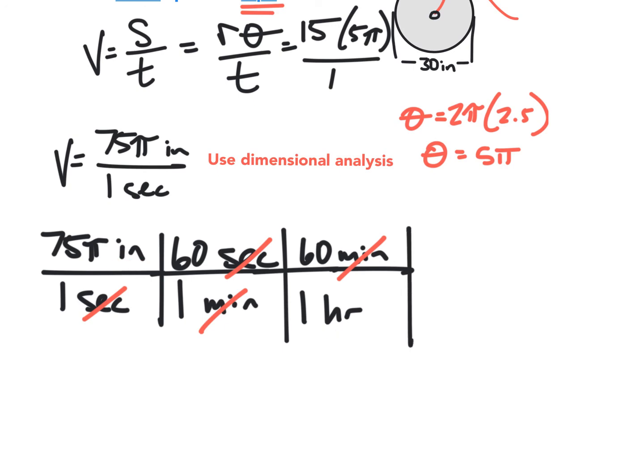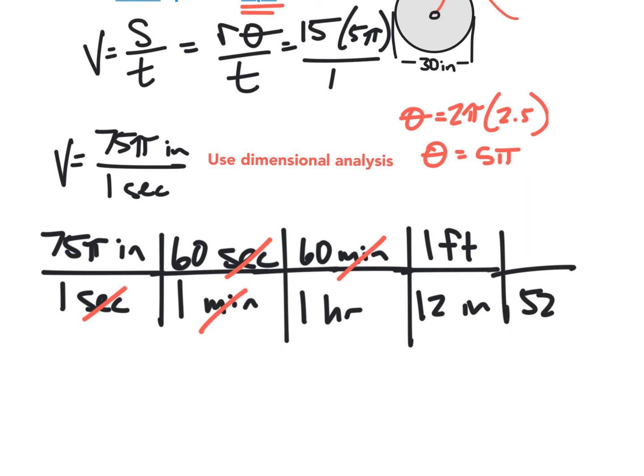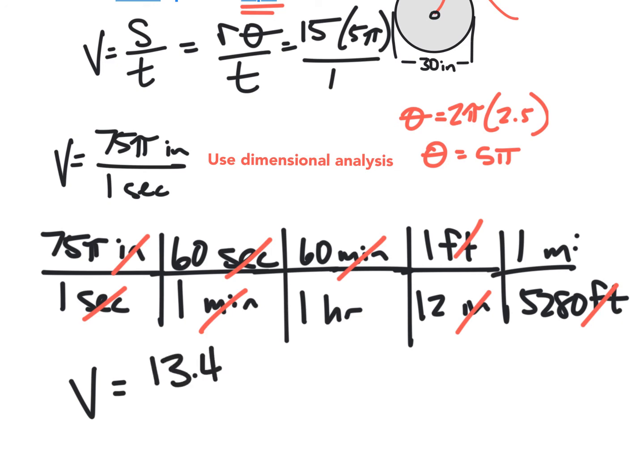So here I'll say there are 12 inches in 1 foot, and there are 5,280 feet in 1 mile. So here the units are going to cancel again: inches cancel inches, feet cancel feet, and my only units left are miles per hour. So I'm going to multiply across the top and divide by the bottom, and I get that the linear speed is about 13.4 miles per hour.